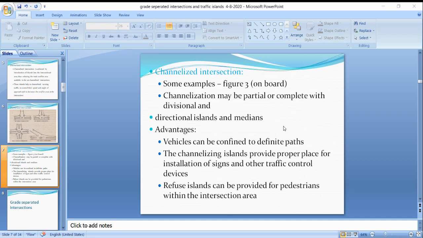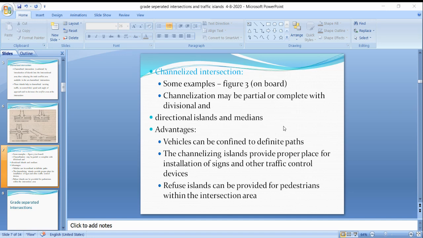Refuge islands can be provided for pedestrians within the intersection area. Here we can provide for pedestrians also, because they have traffic signal signs, so it will be safe for pedestrians too. So these are the advantages of keeping a channelized intersection.